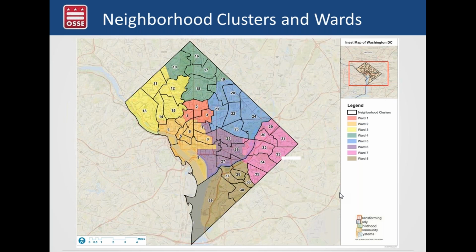You have 8 wards, Ward 1 being in the middle, and then kind of a spiral going clockwise out. So the yellow area is Ward 3, the green is Ward 4, etc. Down at the bottom right, you have Ward 7 and 8. So try to keep that in mind as we look at the EDI results on the following maps.